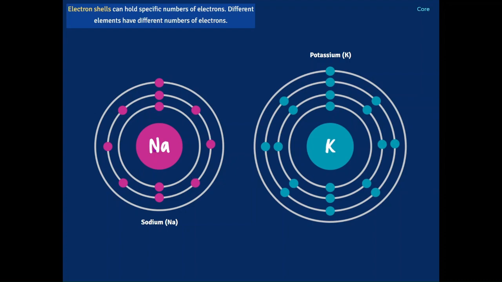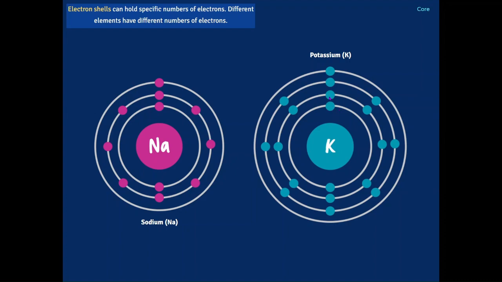Each element has electron shells, and each shell can hold a specific number of electrons. Different elements have different numbers of electrons, right? So right here we have sodium, and we could count up all its electrons: 1, 2, 3, 4, 5, 6, 7, 8, 9, 10, 11. Or potassium, right?